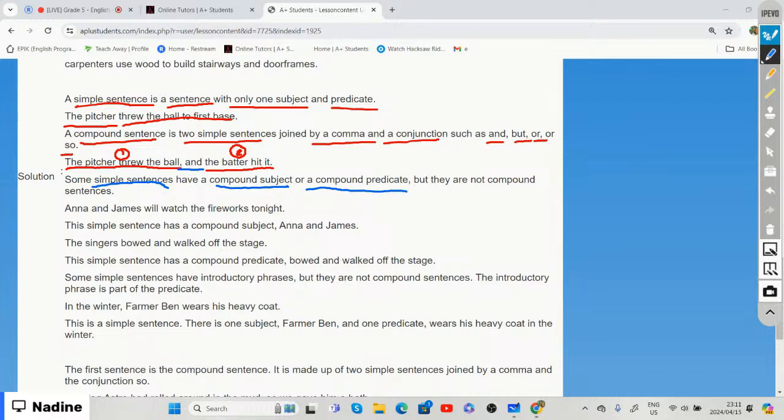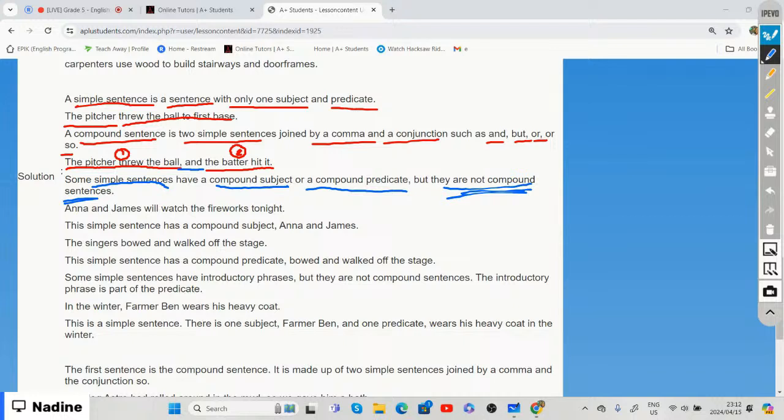It's where there are either two subjects or two predicates. But they are not compound sentences. They are just simple sentences that have a compound subject or a compound predicate, either two predicates or two subjects.